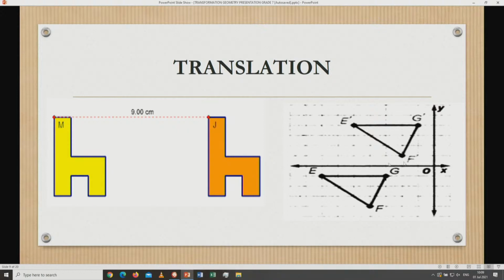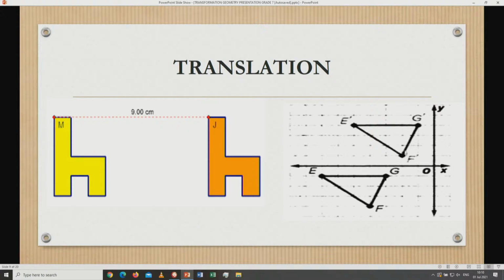Or you may translate a figure in a graph. Like we can see there, we've got triangle EFG, and it has been translated to triangle E prime F prime G prime. Now, when you take a look, there was no change in size. The size did not change.